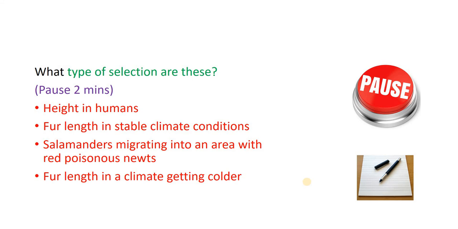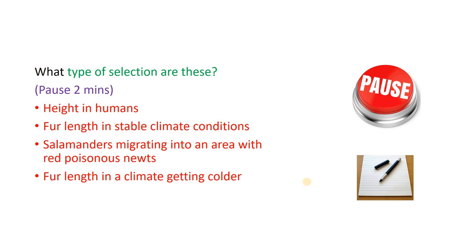Fur length in stable climate conditions, so this is also stabilizing. So height in humans is stabilizing. Fur length in stable climate conditions, so the ones in the middle are better favoured.